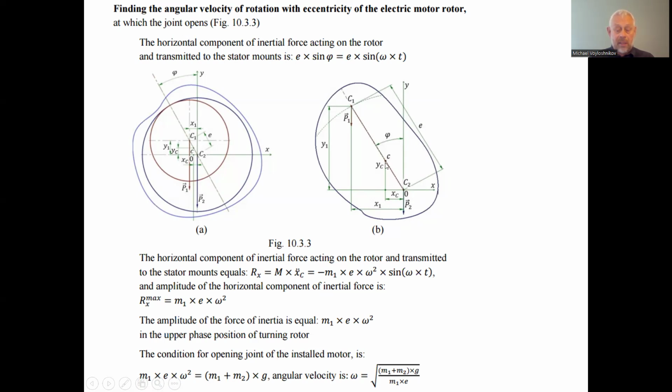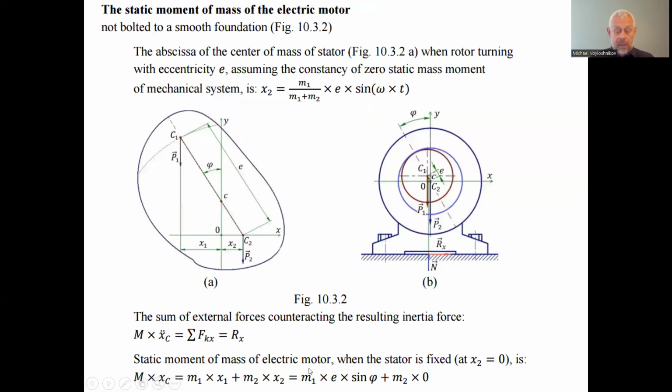Then the center mass of the mechanical system C, which is in between the center mass of the stator and the center mass of the rotor, will rotate too. Then only one summand remains here, and the force will be equal to this one.